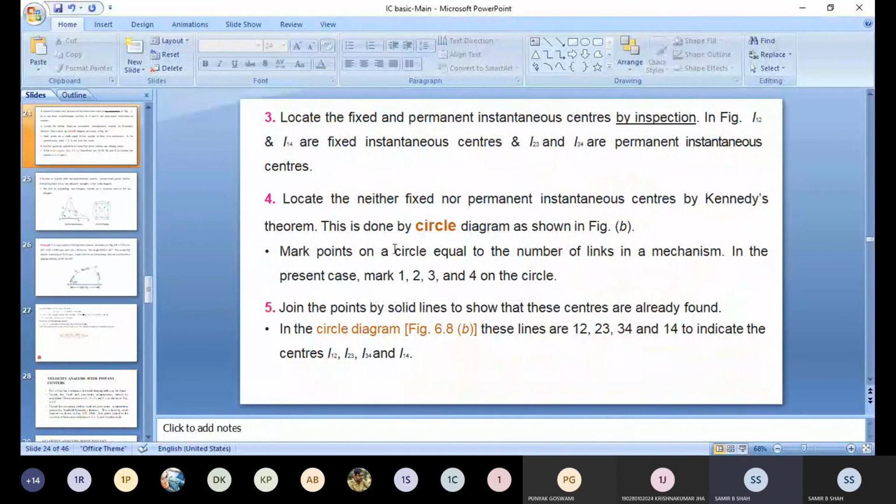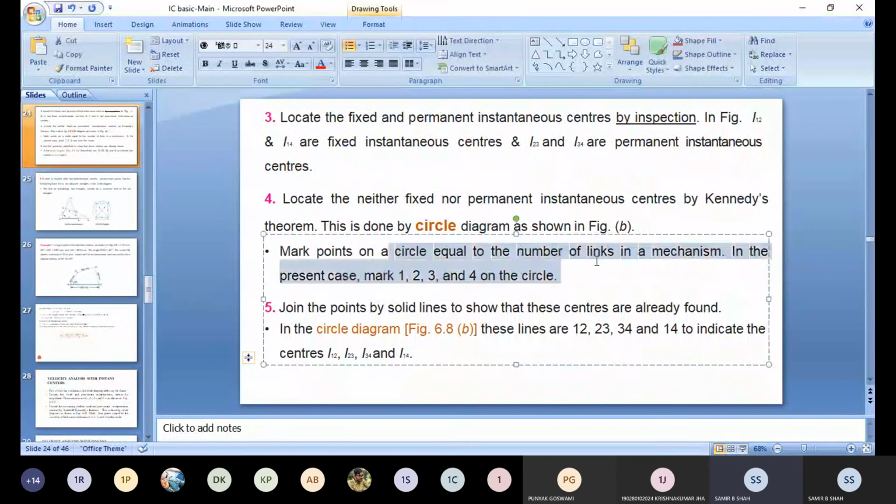Mark points on the circle equal to the number of links. How? First of all, you have to draw the circle, whose radius can be whatever you want.